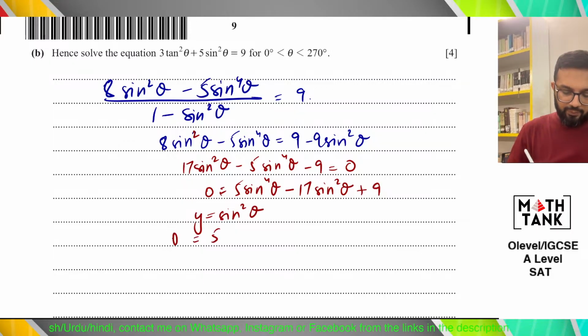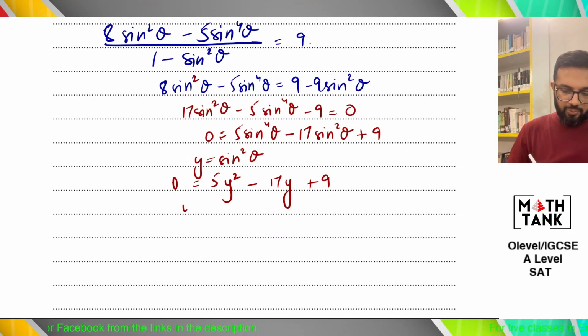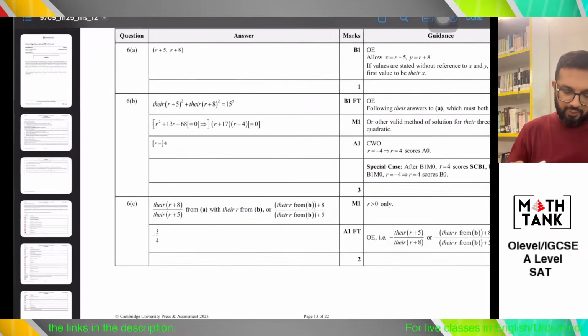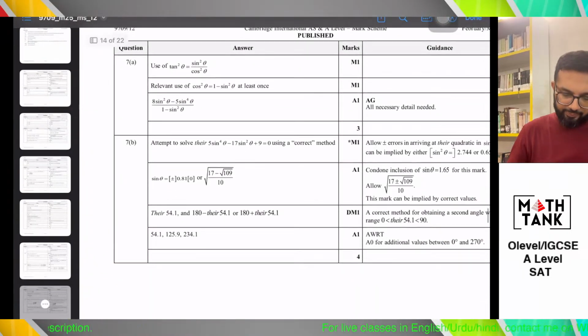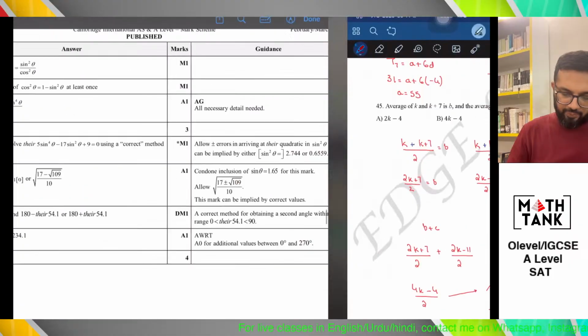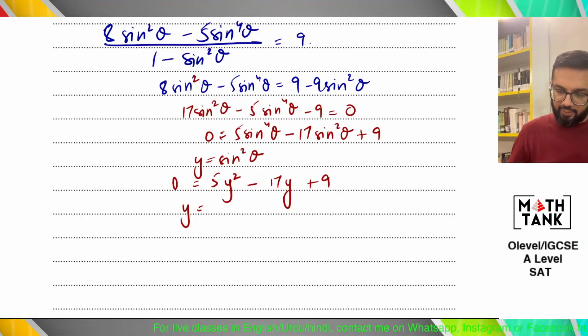So that would give me 5y squared minus 17y plus 9. So y gets me two values. Let me check if these are the correct values. Yes, they have to be smaller numbers, so I think we're doing fine. So y can be either 2.744 or y can be 0.655.